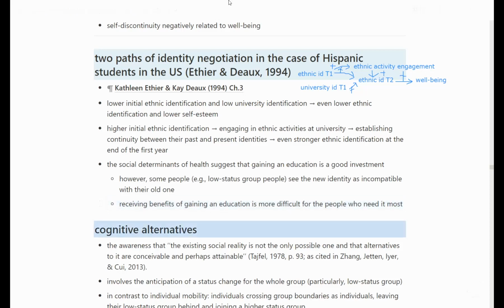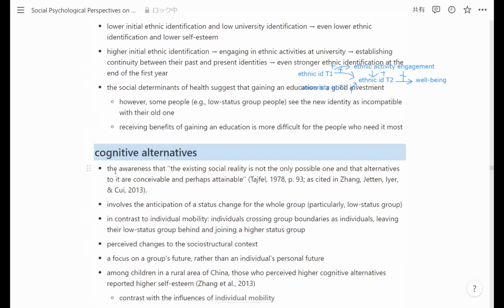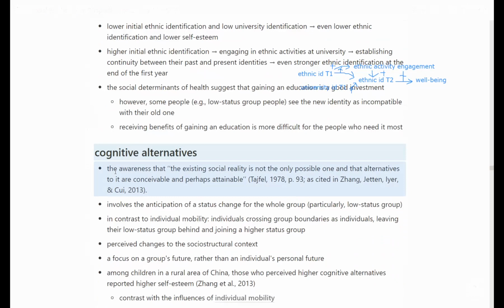Okay, another topic, cognitive alternatives. The awareness that existing social reality is not the only possible one, and that alternatives to it are conceivable and perhaps attainable. This awareness can be termed cognitive alternatives.